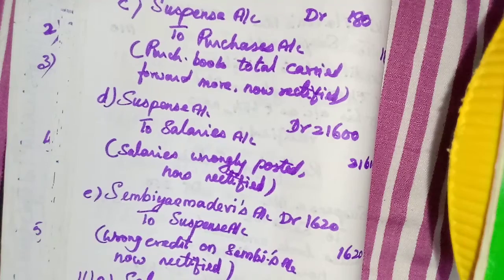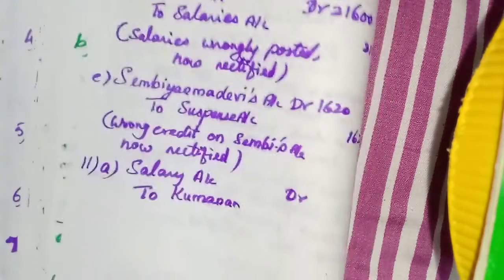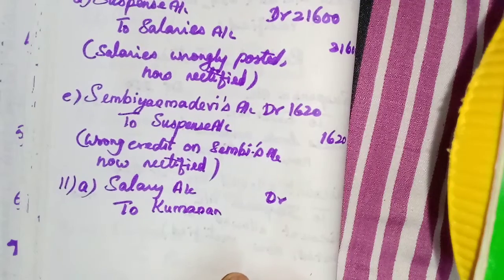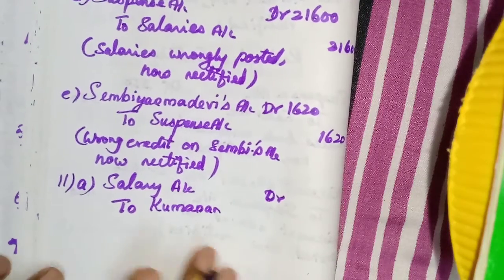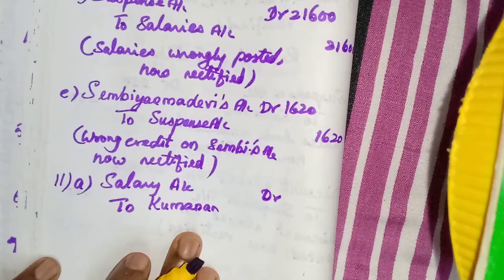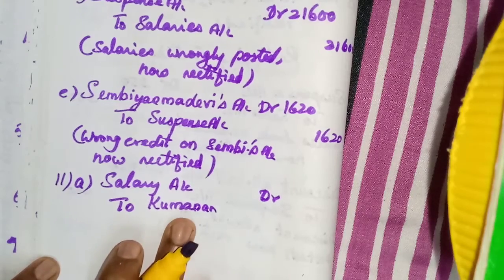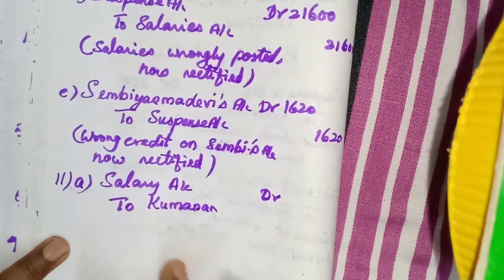Okay, here rectifying the following entries. They have not asked you to write the correct entry. The correct entry means we can write salary account debtor to cash. Here they have debited Kumanan. So now in the rectifying entry we need to credit Kumanan. Only then that entry will be rectified.